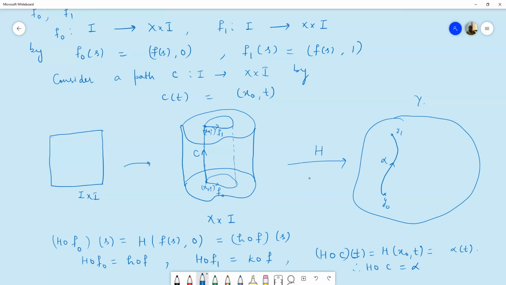Now here somewhere we have h circle f, and this is k circle f, this is h circle f based at points y0, y1.